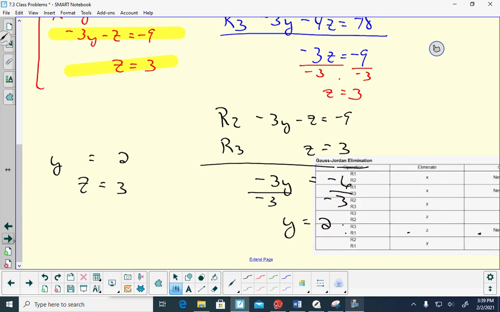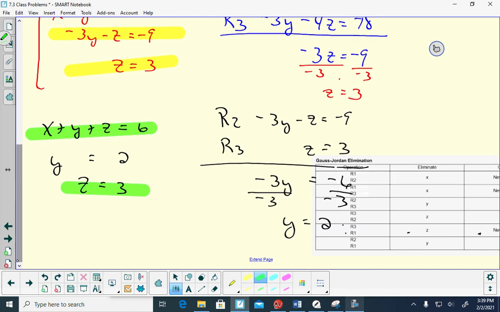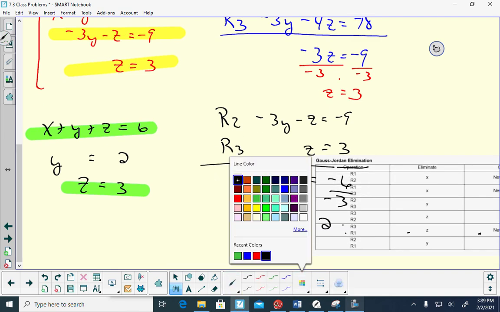So I'll just write down the first one again. It's telling me to do row 3 and row 1 to eliminate the z, and it's going to give me a new R1.